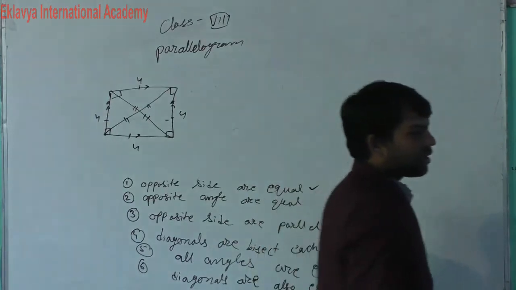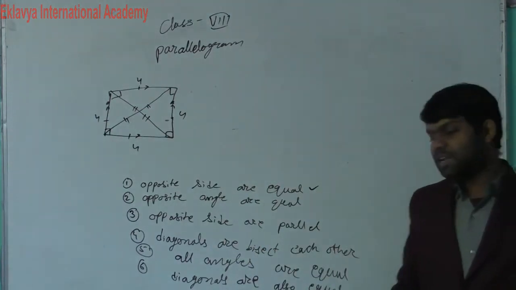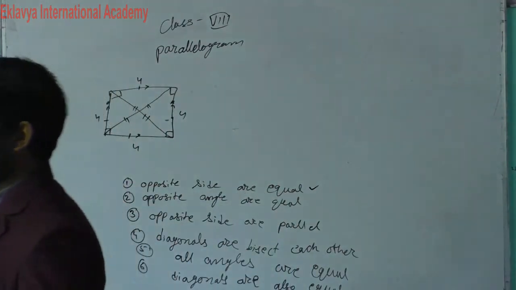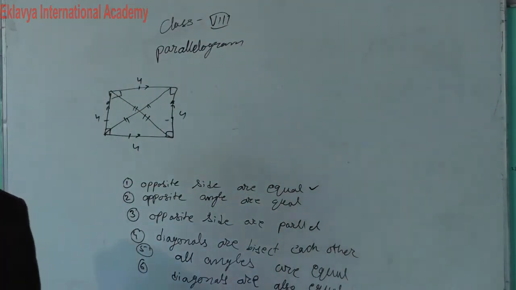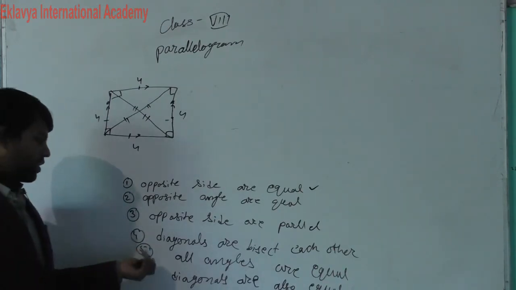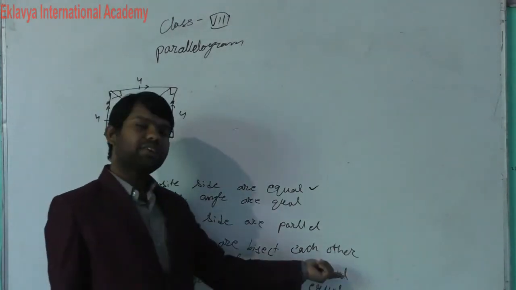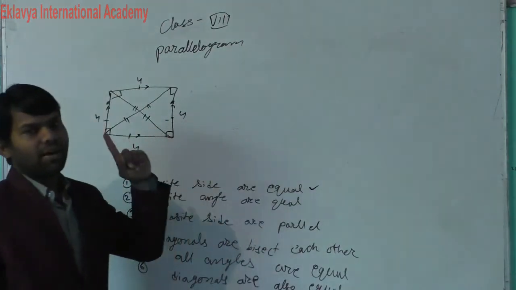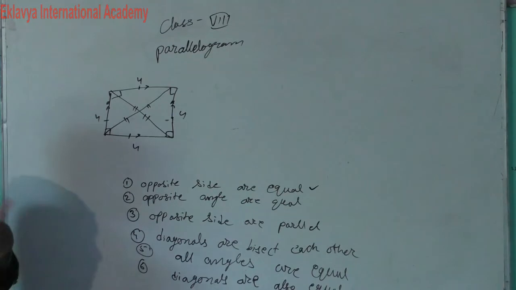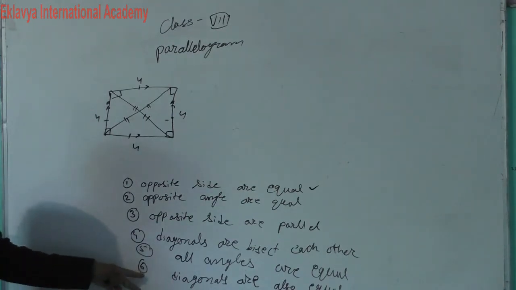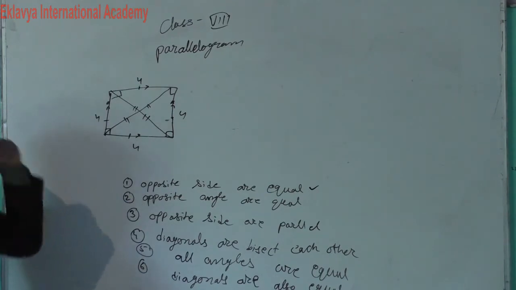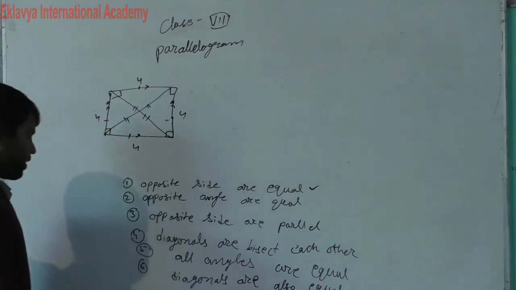Fifth property, it is the property of rectangle, but in this we have two extra properties from rhombus and two extra properties from rectangle. Both properties we apply here. What are they? All angles are equal. It means in the rectangle also all angles are equal. In the square also all angles are equal. Diagonals are equal. In the rectangle and square also all diagonals are equal.